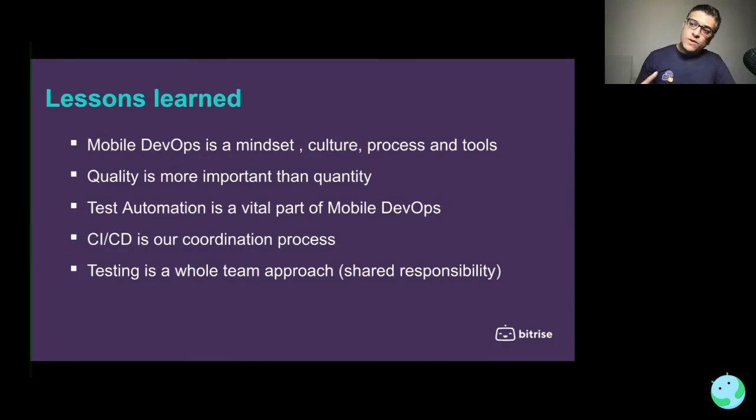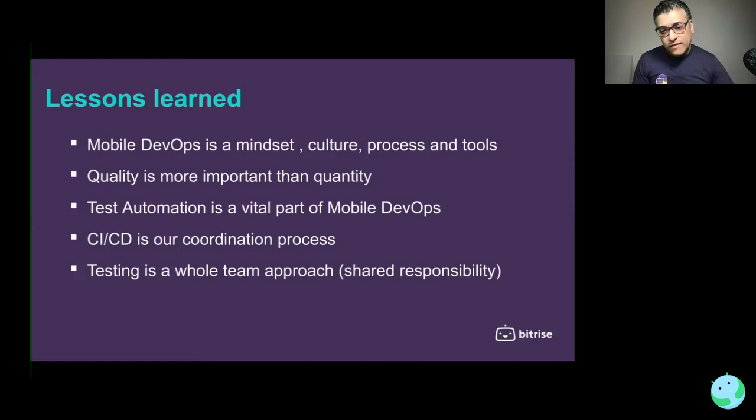Most of the developers think, okay, I don't need to learn any UI testing or test our application, because we already have a QA or test engineer. This is not correct, because testing is a mindset, and it's also a whole team approach, a shared responsibility. Mobile engineers or Android developers should start writing UI tests.